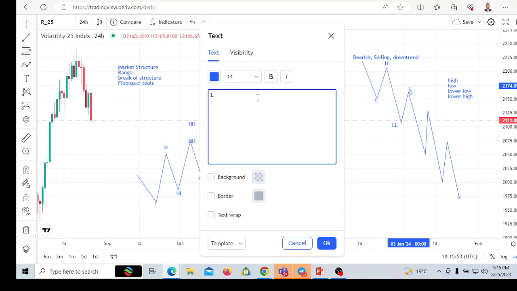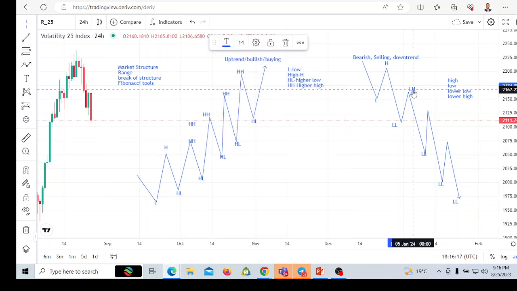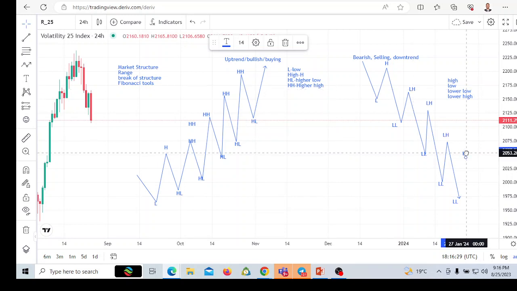So let's see, 1, 2, and 3. Then this one gives us that one, that one.